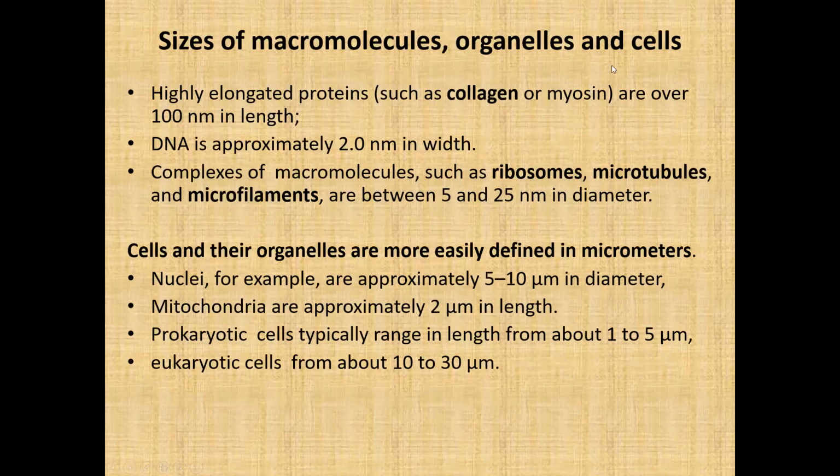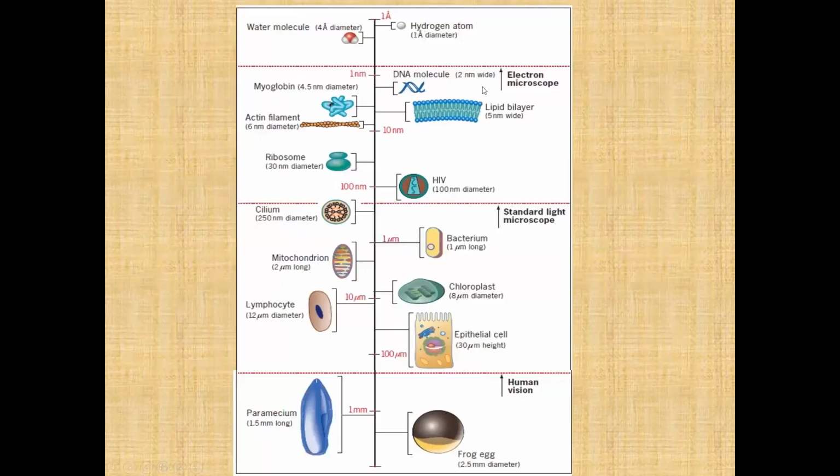But these are still quite small molecules in our cells that can be seen only with the help of an electron microscope, because they are quite small organic substances, and we can't see, for example, ribosomes with the help of a standard light microscope.